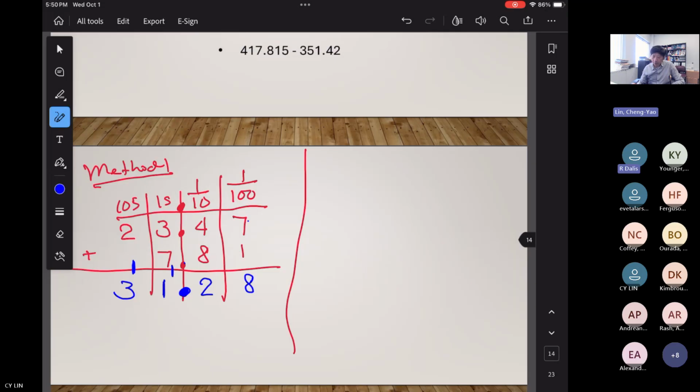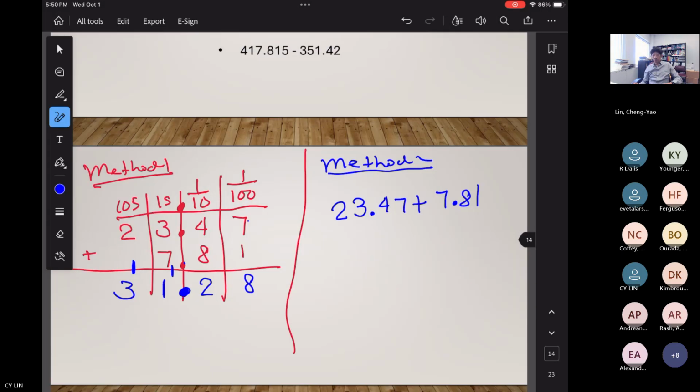Let me show you another one for the quicker learner, which is method 2. Quicker learners can do it mentally, without making any table like this.